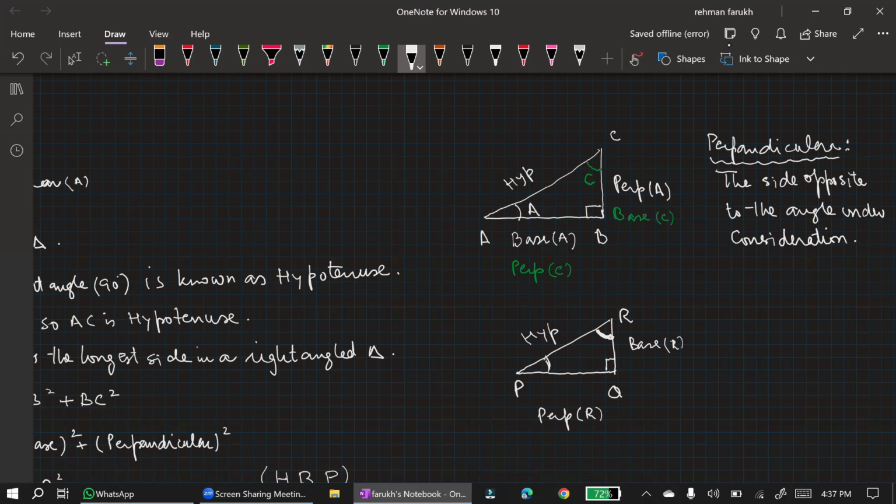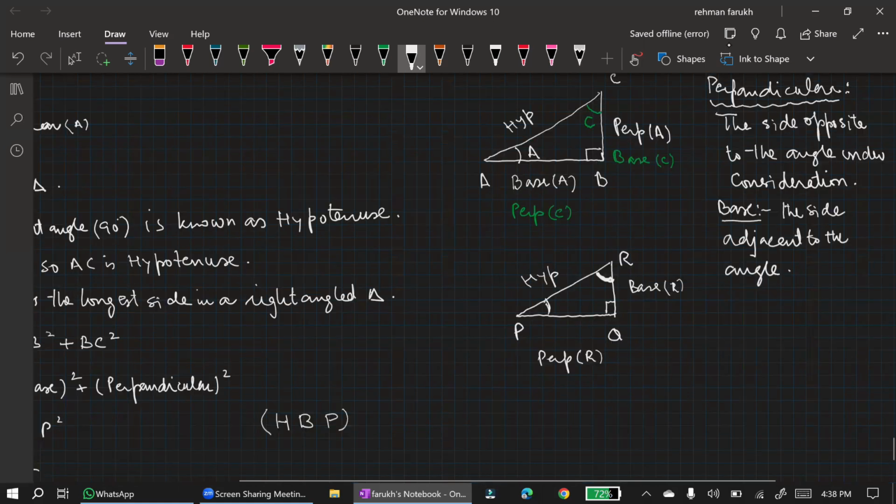Base: the side adjacent to the angle is known as the base. Okay, sir.